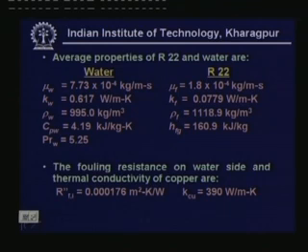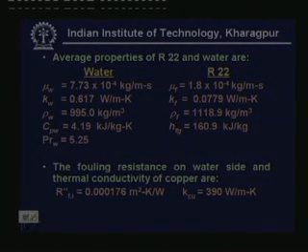Specific heat of water is 4.19 kilojoule per kg K, and Prandtl number Pr is 5.25. For R22, the average properties are viscosity 1.8 into 10 to the power of minus 4 kg per meter second, thermal conductivity Kf 0.0779 watt per meter Kelvin, density 1118.9 kg per meter cube, and latent heat.